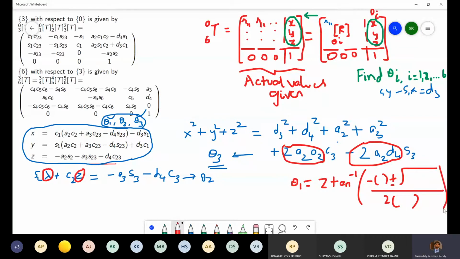So you can see that there are two values of theta 1. And what will be the range of values of theta 1? Minus 180 to 180.